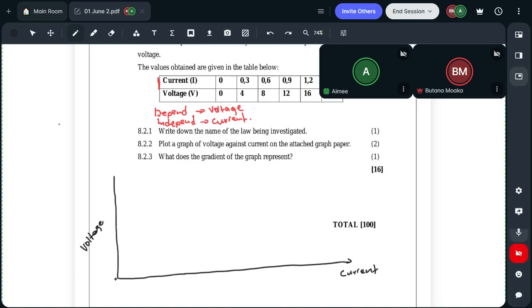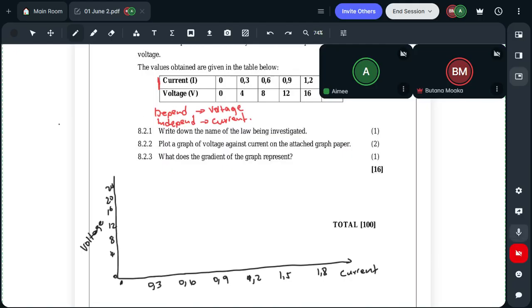So on the voltage, we'll have 0, 4, 8, 12, 16, 20, 24, then for the current 0, 0.3, 0.6, 0.9, 1.2, 1.5, and 1.8, and so on.